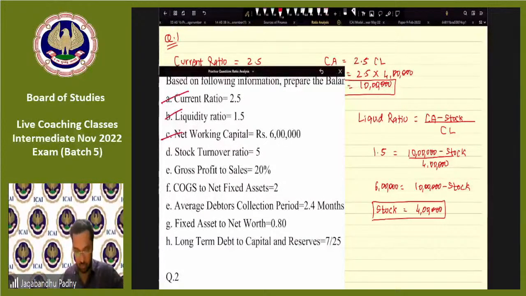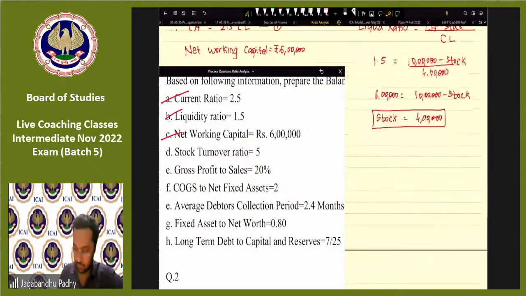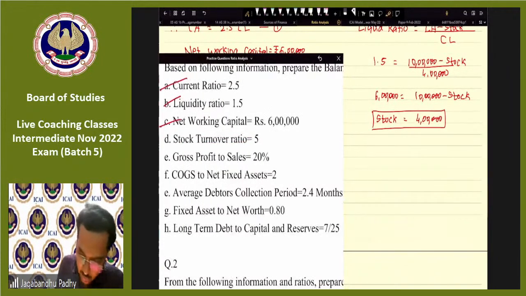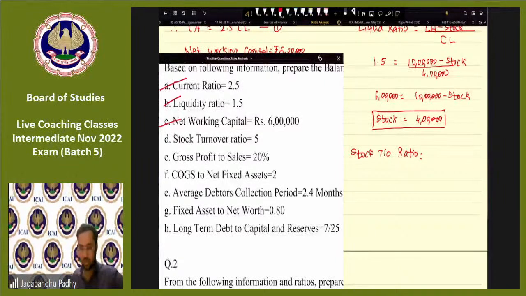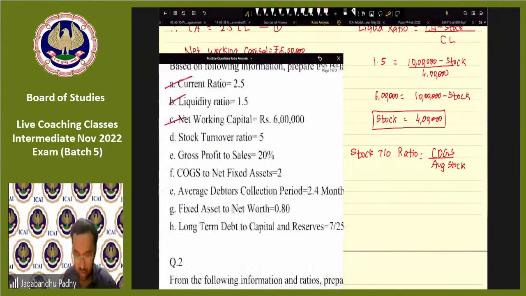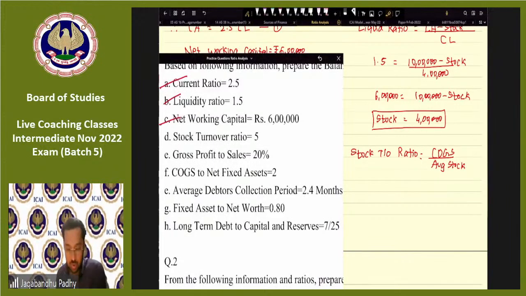Now, connected with this, we have the stock turnover ratio given. We know the formula: stock turnover is COGS upon average stock. Do we have any information regarding opening or closing stock? No, sir.